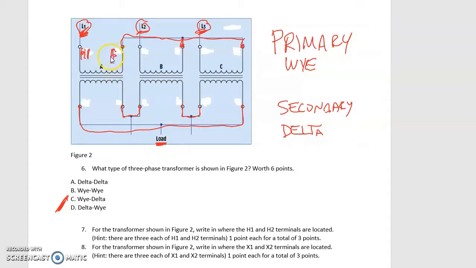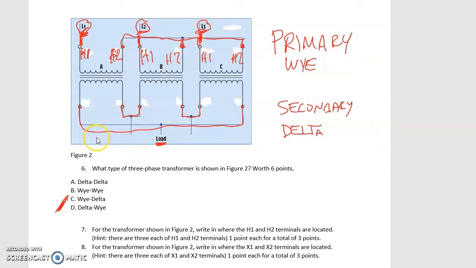The H2s are where the 3 coils are tied together. So H1, H2, H1, H2. So again, the H2s are all tied together, and the H1s are where the input voltage is connected.